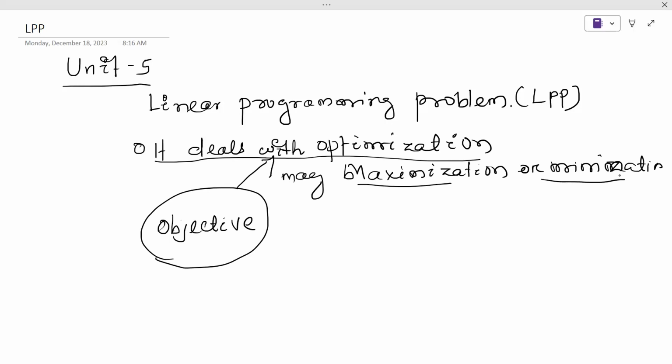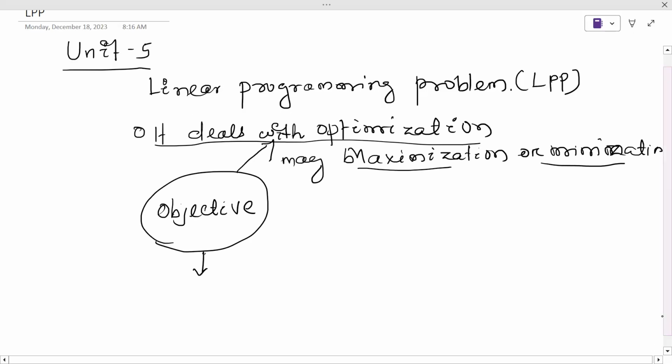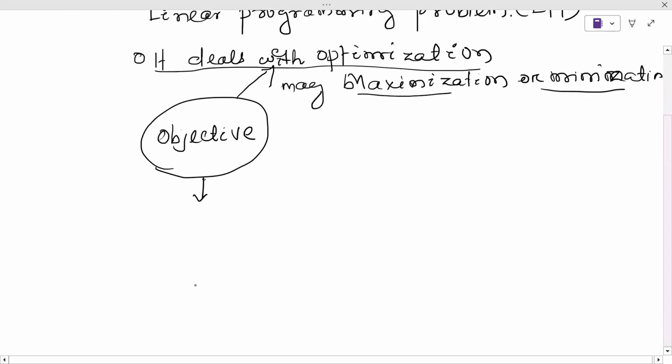When we start any business or any program, first of all we choose the objective, our objective function. And after the objective, how to succeed in the objective?